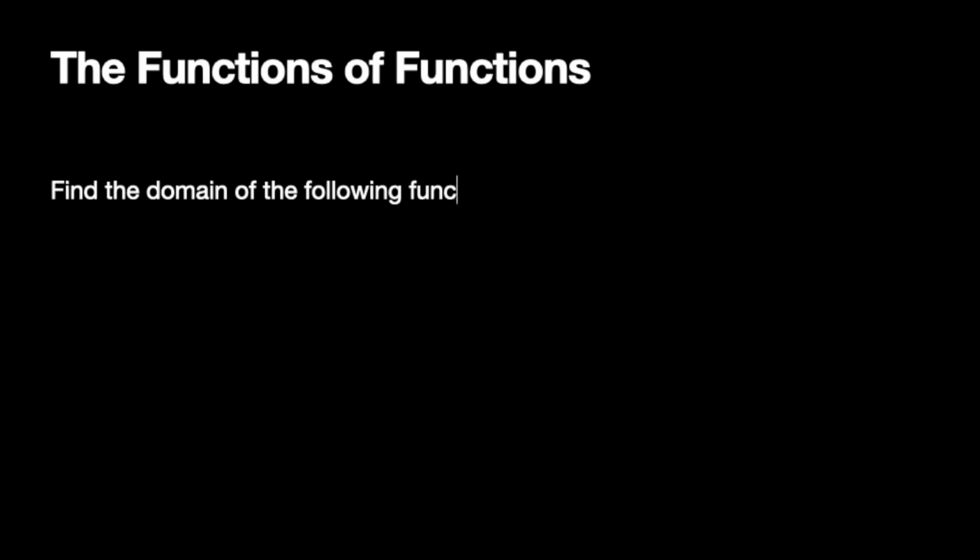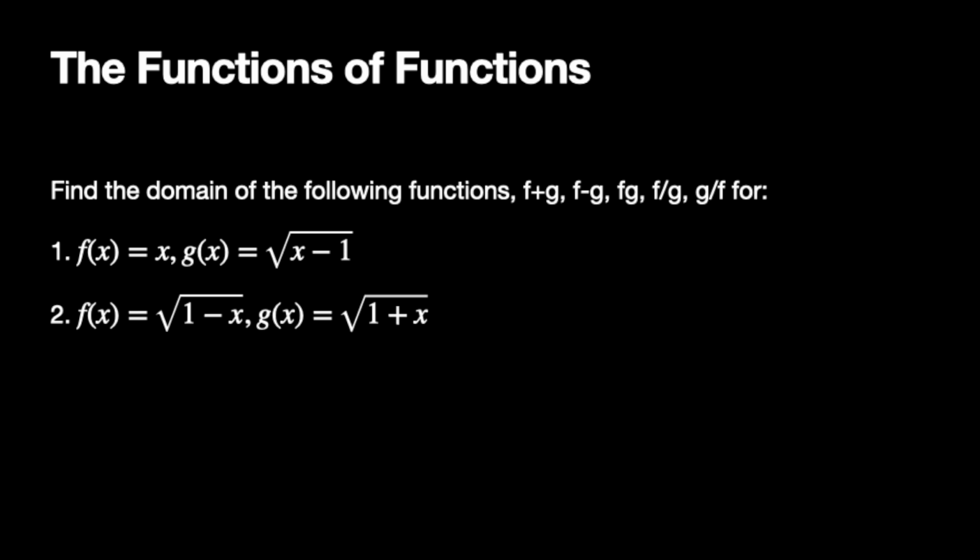Two functions. Find the domain of the following functions: f plus g, f minus g, f times g, f divided by g, and g divided by f for the following. 5. F of x equals x, g of x equals the square root of x minus 1. 6. F of x equals the square root of 1 minus x, g of x equals the square root of 1 plus x.